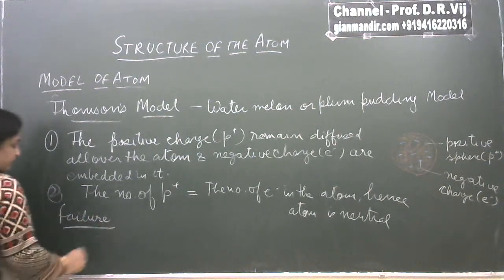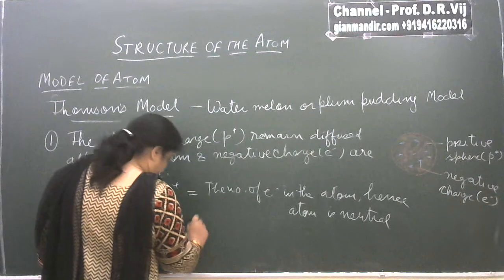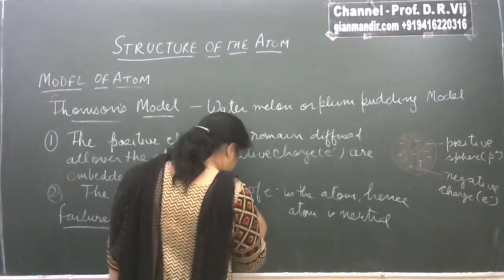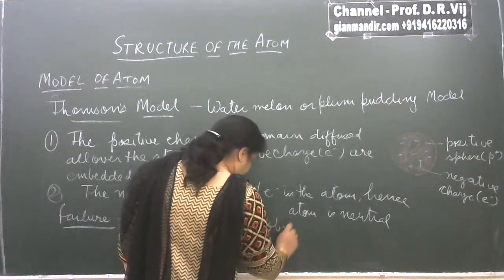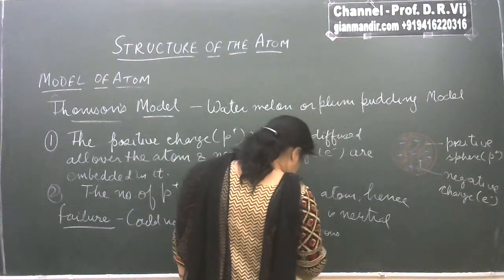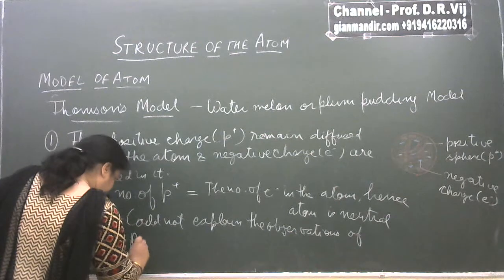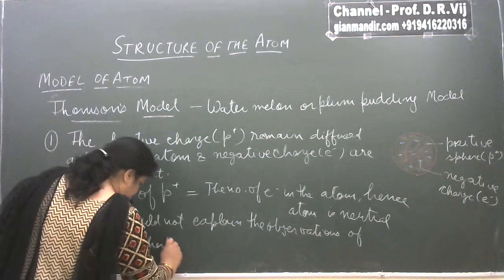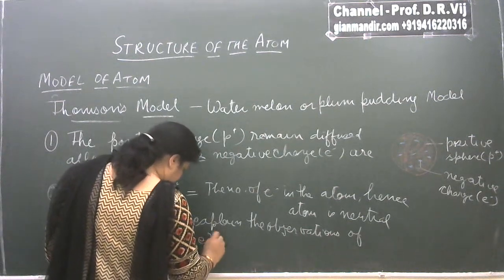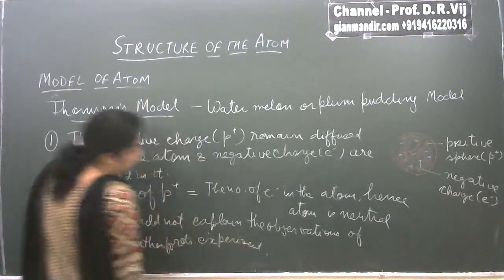So the cause of failure of Thomson's model is that the model could not explain the observations of Rutherford's experiment.